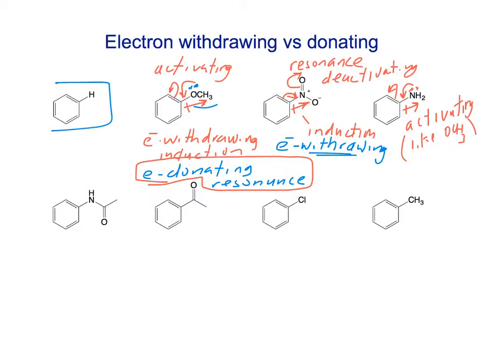All right, let's go to the bottom left. This is an amide functional group. What effect is that amide going to have? How can it affect the electron density in the benzene ring?